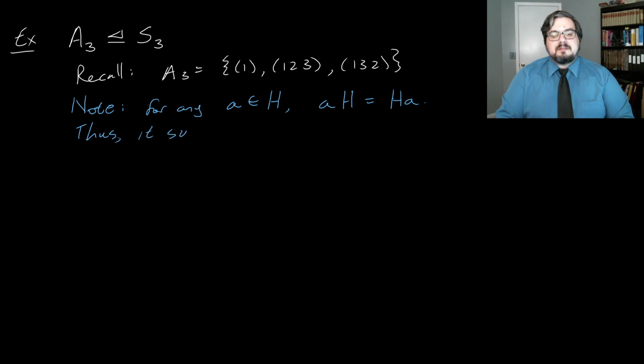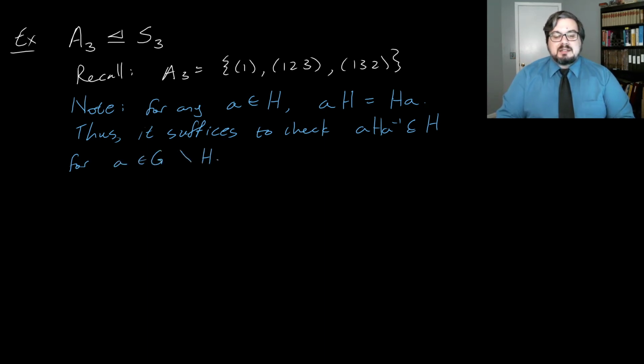Thus, it always suffices to check that AHA inverse is contained in H for elements A that are in G but not in H. So that's what we're going to do here. If we look at all of the elements of S3 that are not also elements of A3, we have the transpositions (1 2), (1 3), and (2 3).